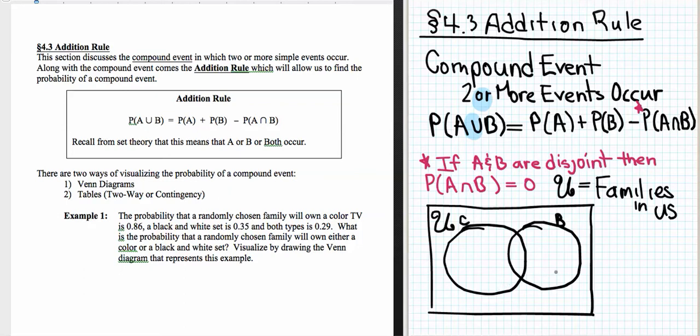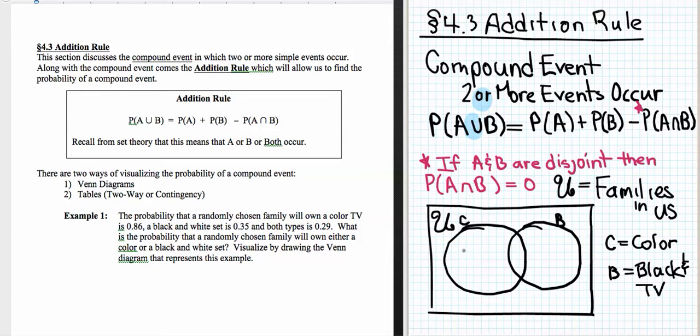So C is referring to color, and B is referring to black and white. Now, there's no indication that it's not possible for people to have both of those sets, and so that's why we have some overlap here.